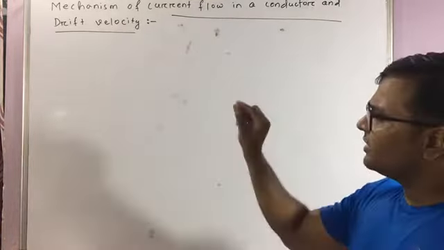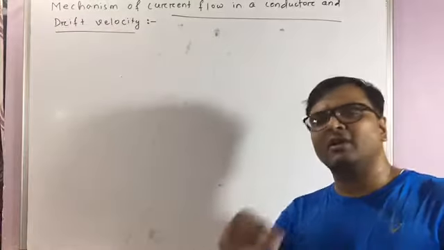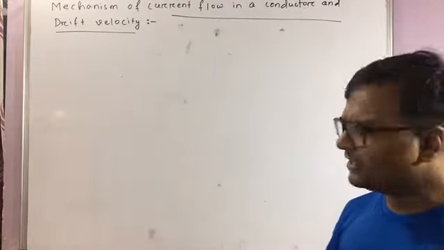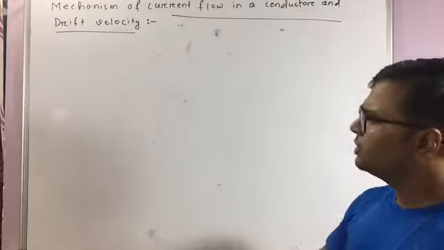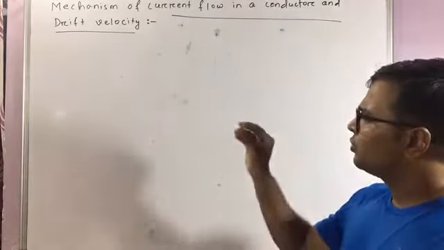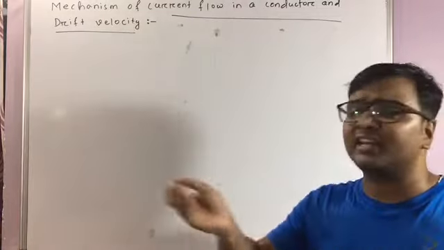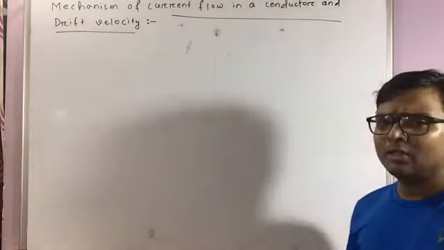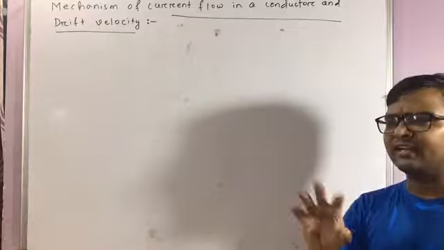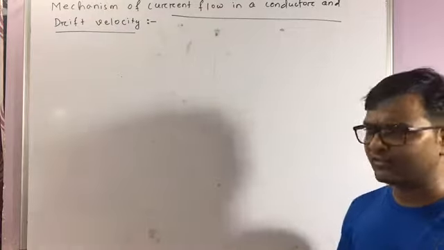So in copper, or any conducting material or conductor, the atomic arrangements are regular. They are called a crystalline arrangement. In a crystal, all the atoms are located at their places.